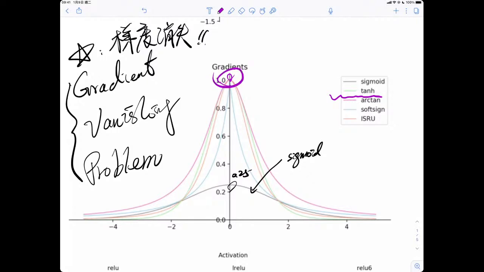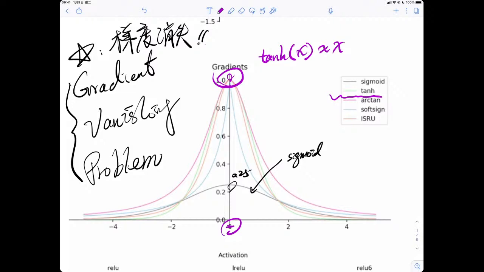At the 0 point right here, if your input is 0, your output will be very close to 0. So for hyperbolic tangent, your input will be very close to your output if you use it as your activation function.